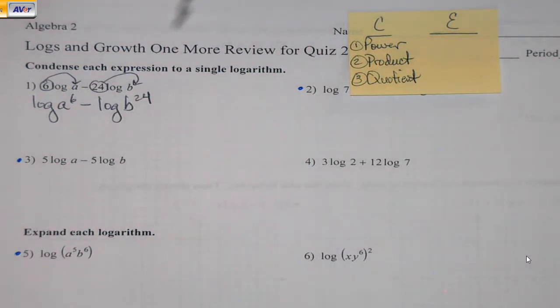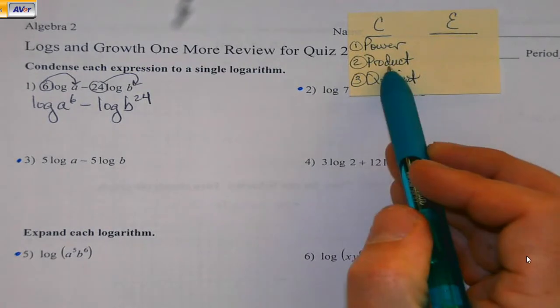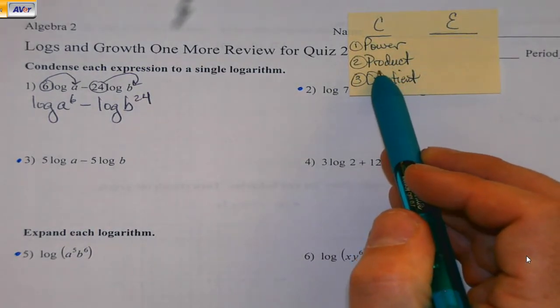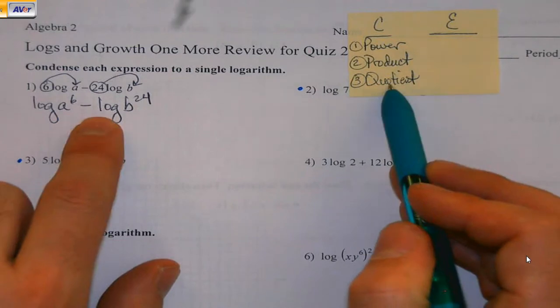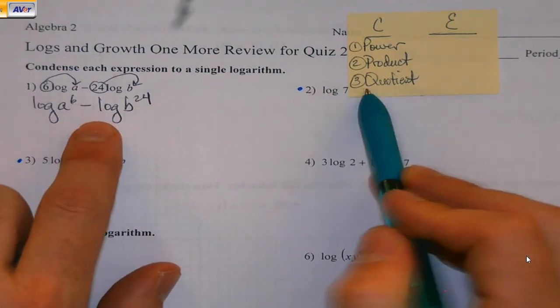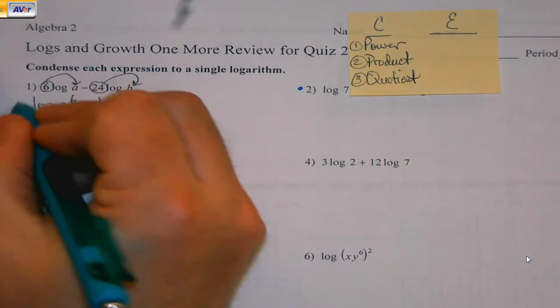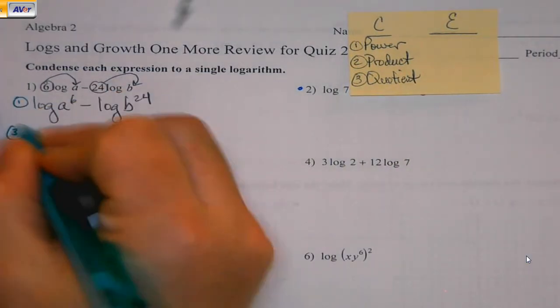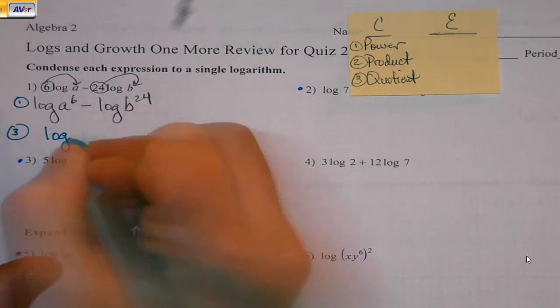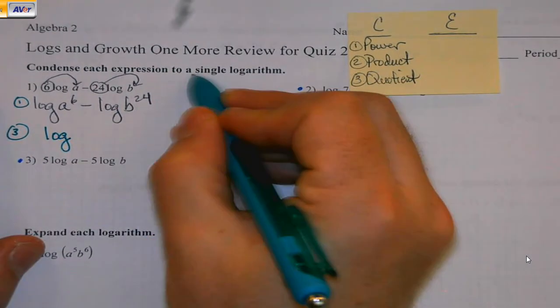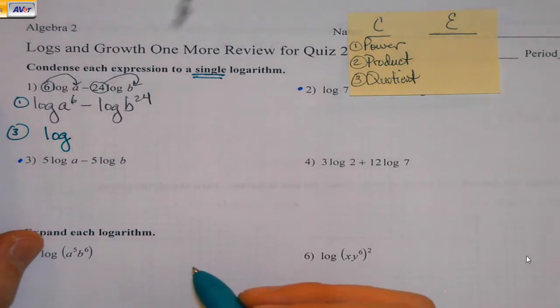Then, if I had a product, which in this case would be plus, since we're going backwards, I don't see any pluses. Quotient would be if I have minus, then I'm turning back into divide. I do have minus. So my last step here, because again, single logarithm, I should only see the word log one time when I get to the end.